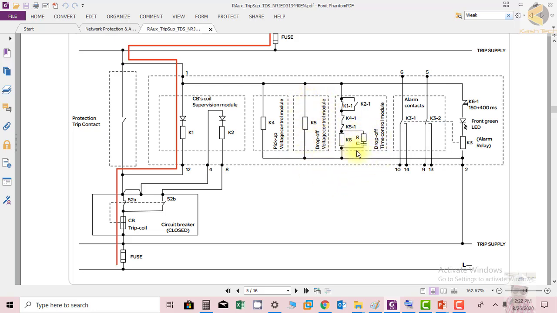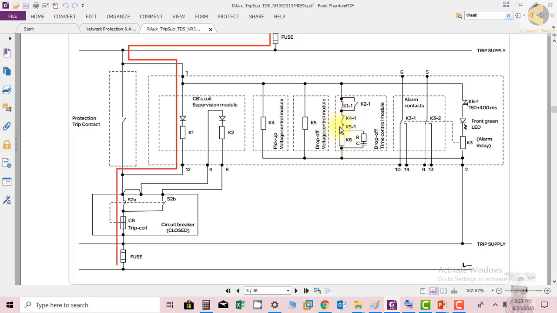Here you can see they have installed, I was talking about the RC, so they have installed an RC together with the K6 relay. So if there is any dip, this is again to cover the dips. So this timer in fact is all the time on, and this dip of 150 or 400 milliseconds they have achieved through this RC circuit, which is installed in parallel with K6.